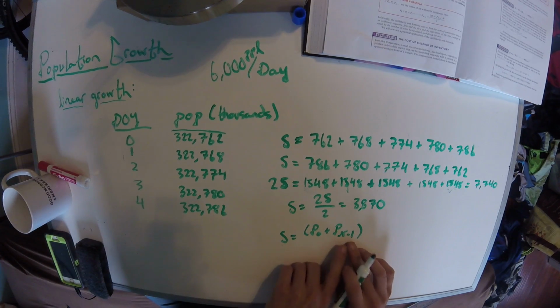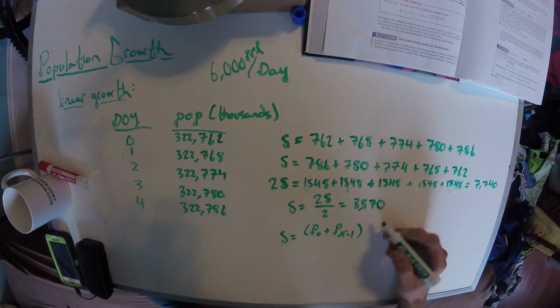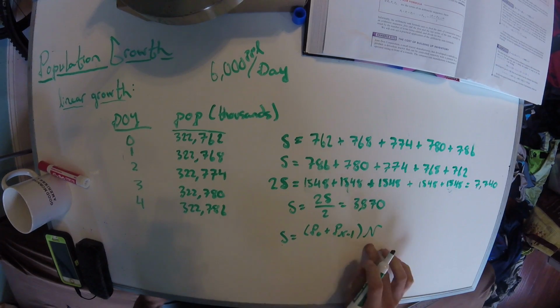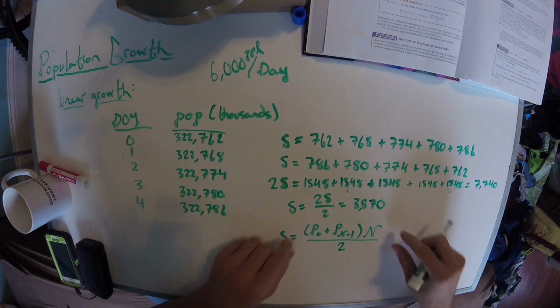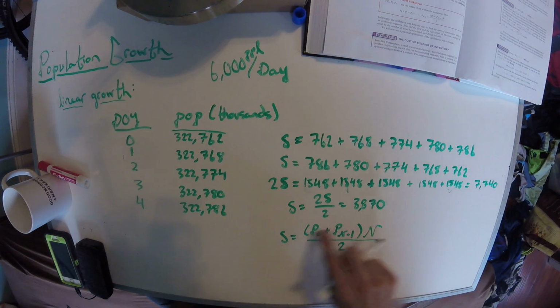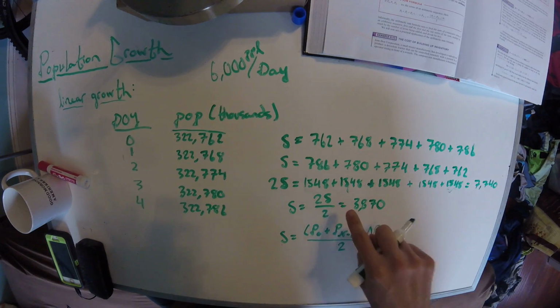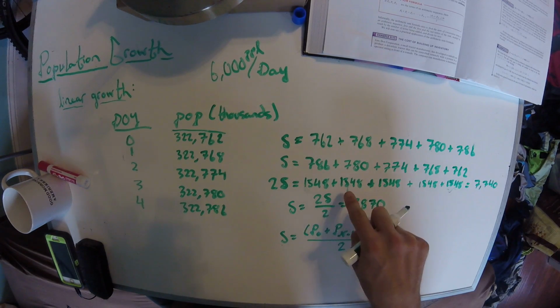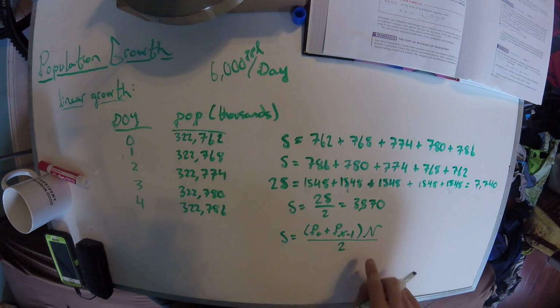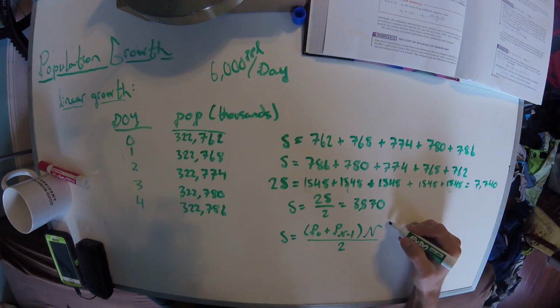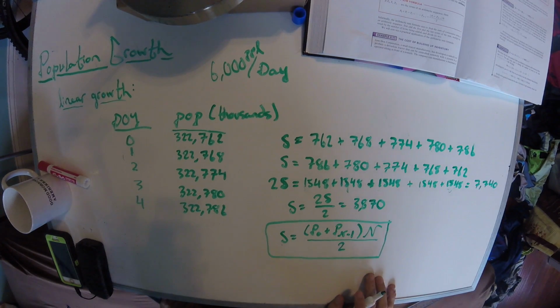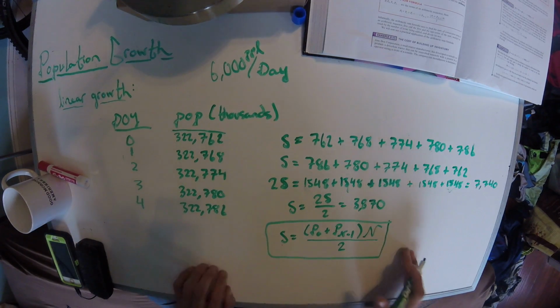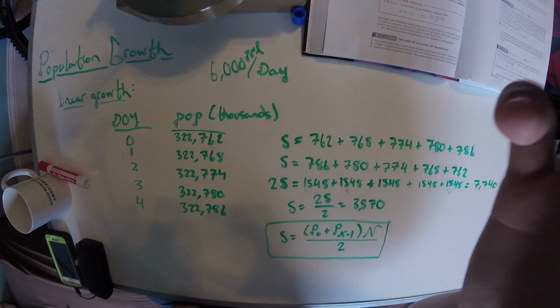So the last term is denoted by P_{n-1}, times n, so times the number of terms, divided by 2. So this top piece is 2S, and it came from first term plus last term multiplied by the number of terms that there are, and then we just divide by 2. And so this is a very useful formula, and you'll have to use it a handful of times. I'll always give it to you so you won't have to remember it, but that's where it comes from.